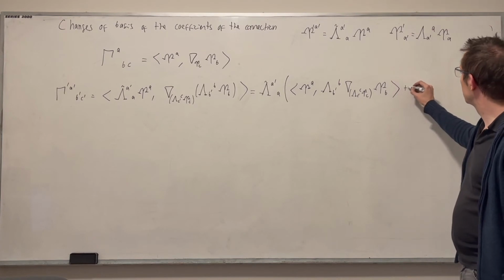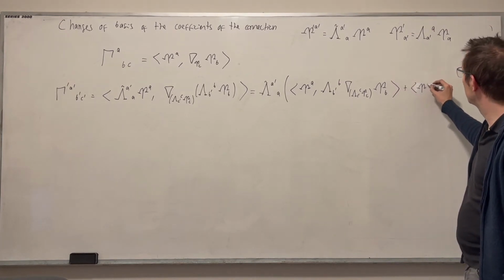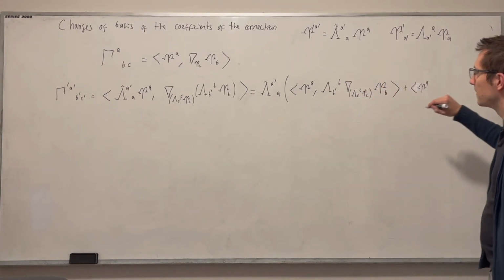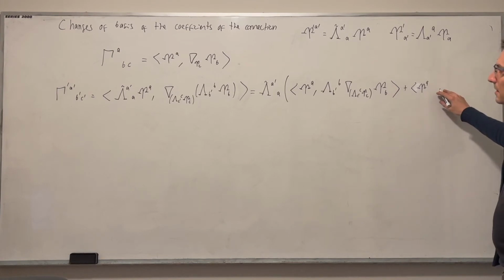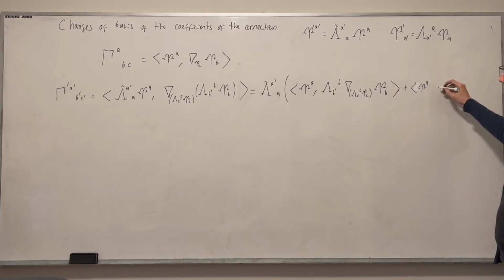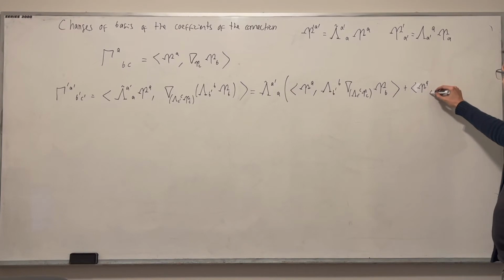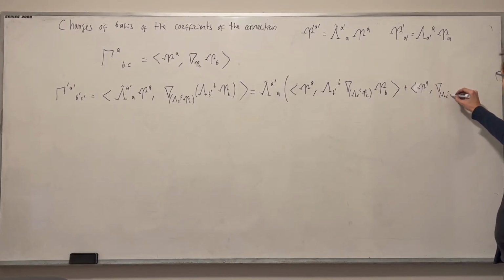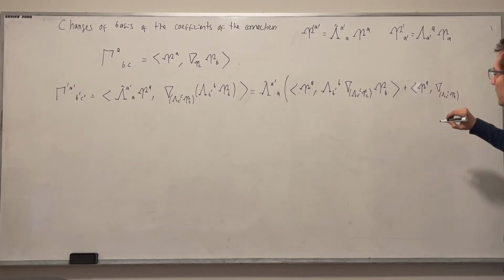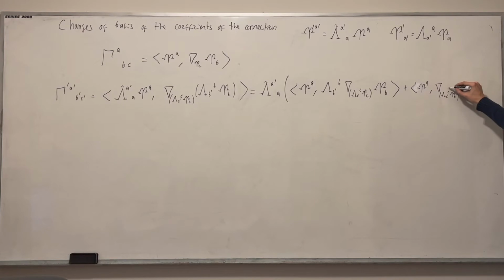I get epsilon a acting on, and then the epsilon b gets out. I'm going to have the lambda of, and in the direction of c prime c, epsilon c, all right. The lambda b prime b, epsilon sub b.